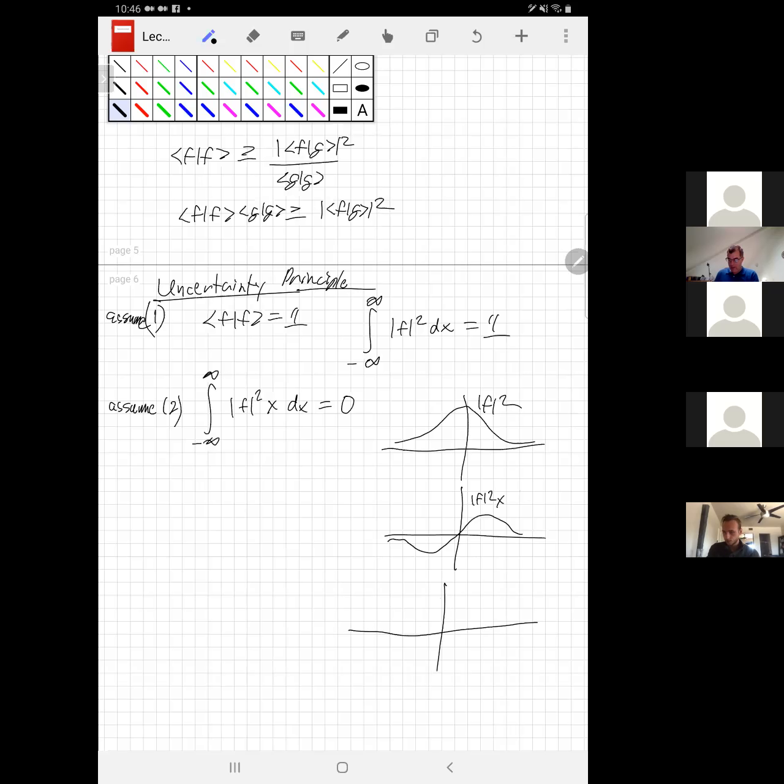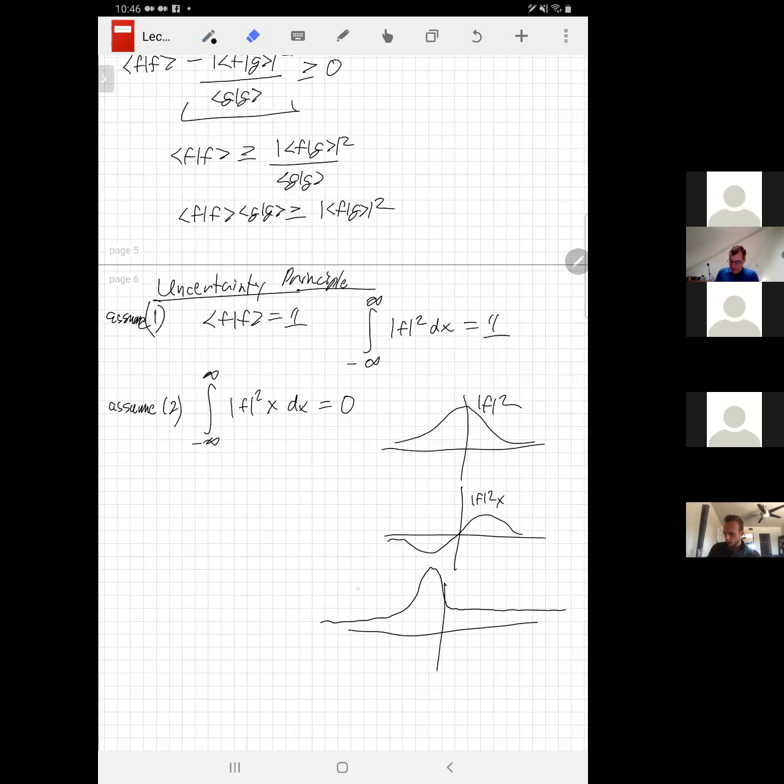We could have a function that's asymmetric and is big on the left. Actually, it has a very high peak on the left, and then drops but decays slowly.